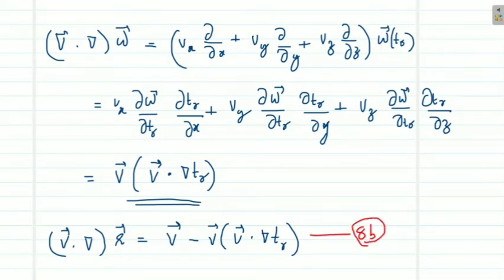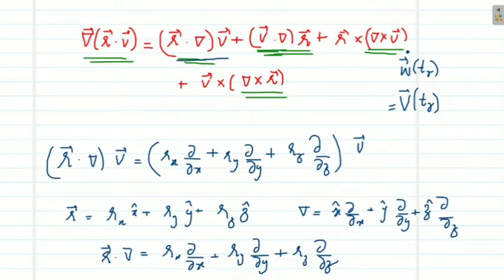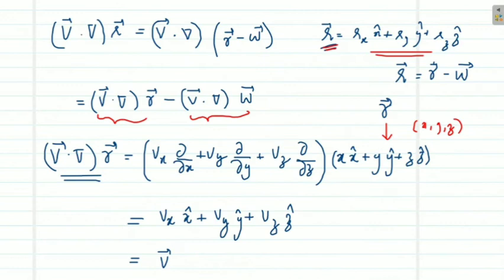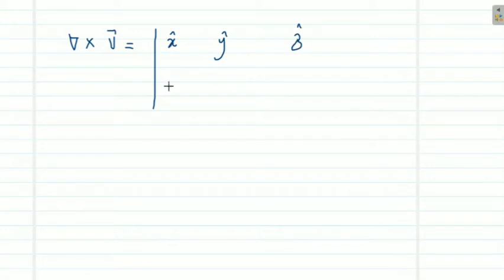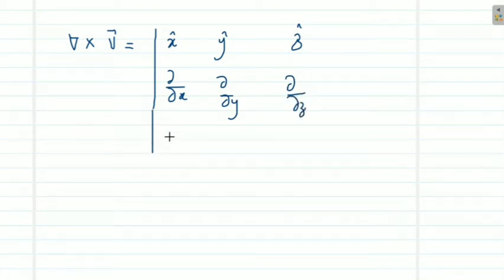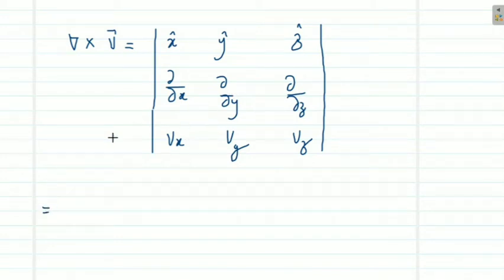Now moving on to the third term. In the third term, we have to evaluate del cross v bar. So let us calculate that. Del cross v bar is simply the determinant of x cap, y cap, z cap, dou by dou x, dou by dou y, dou by dou z, and the components of v bar, vx, vy and vz. So you need to take the determinant of this part.